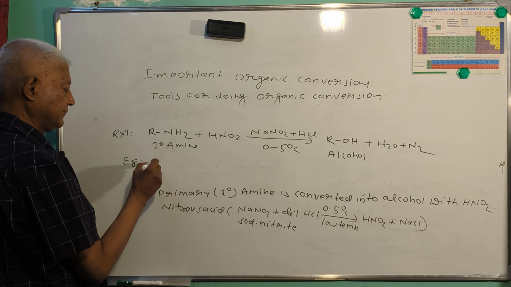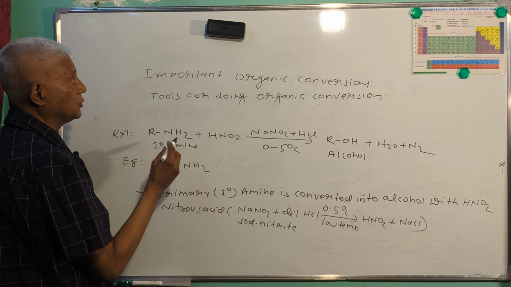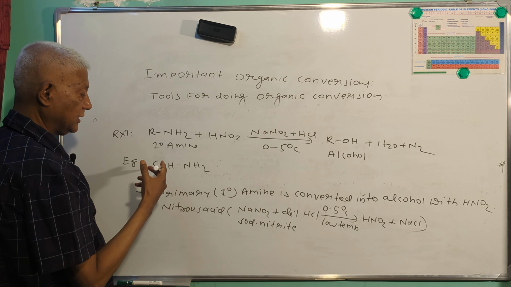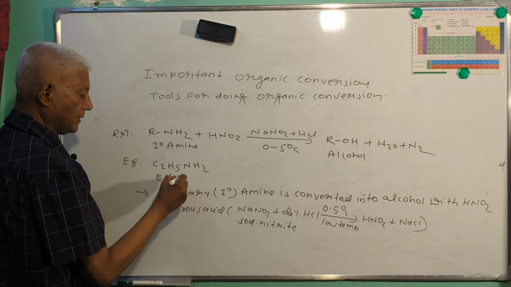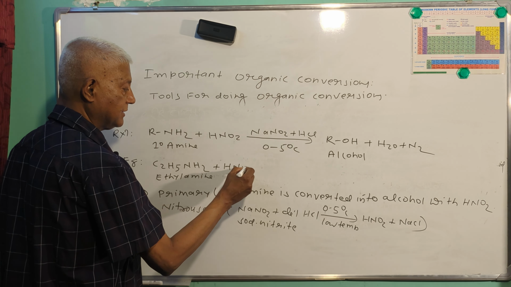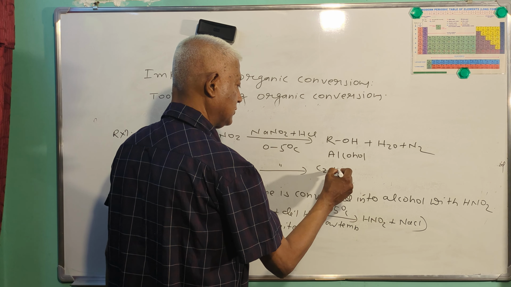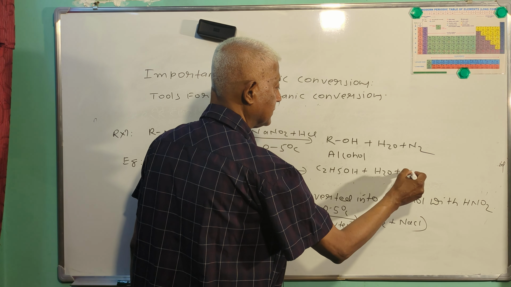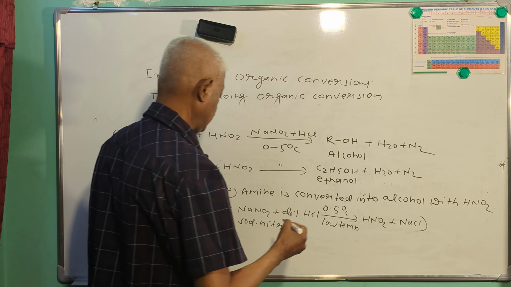That is the general reaction. Example is like this: C2H5NH2. So what is the name of this compound? Ethylamine. When that is treated with nitrous acid, same reagents, what we have? C2H5OH plus H2O plus N2, that is known as ethanol.